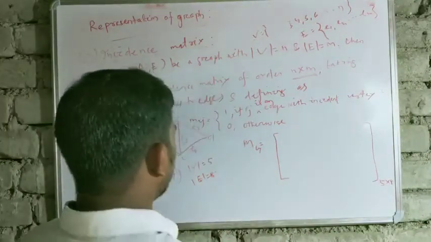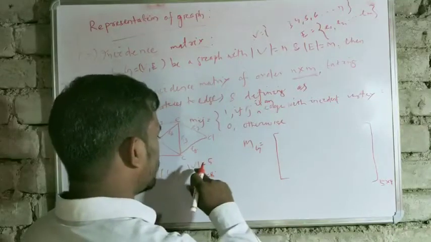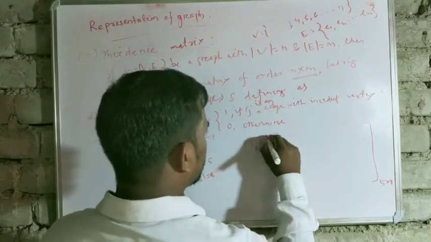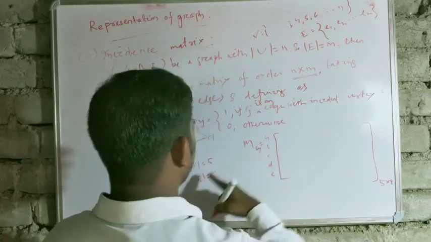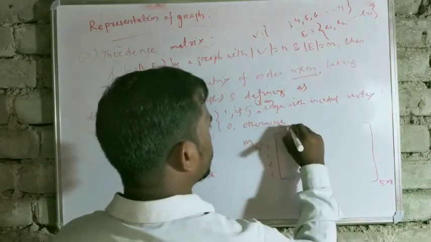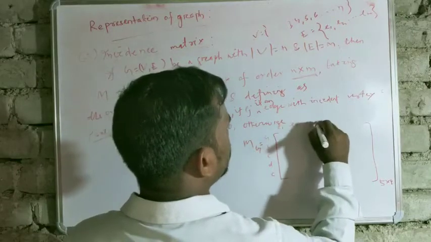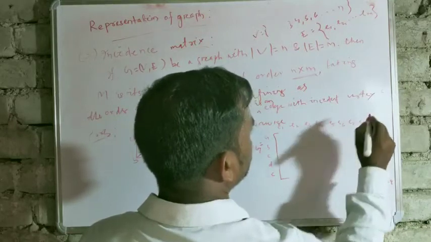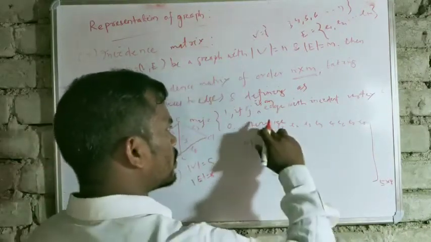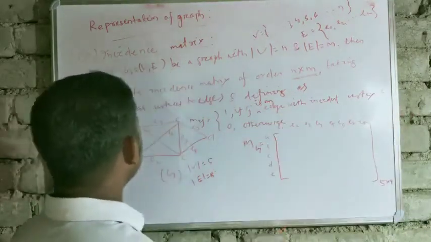Write the vertices on the left: A, B, C, D, E, and the edges on top: E1, E2, E3, E4, E5, E6, E7, E8.